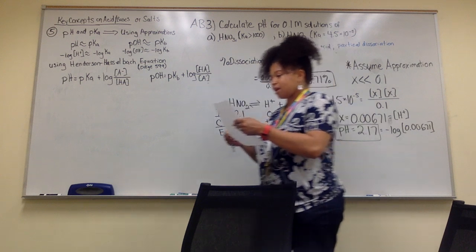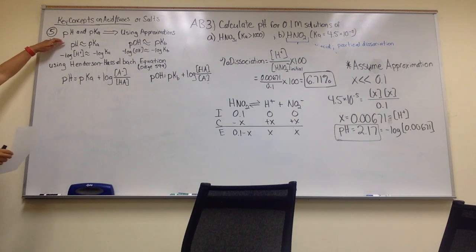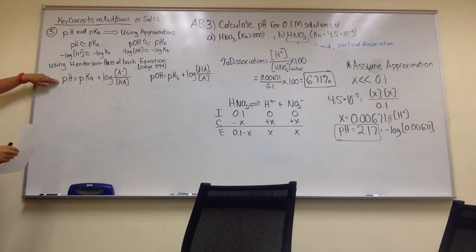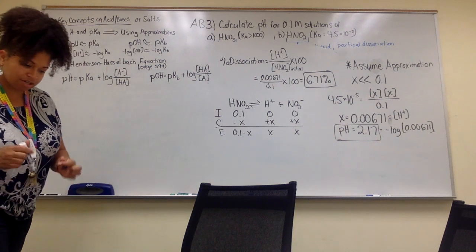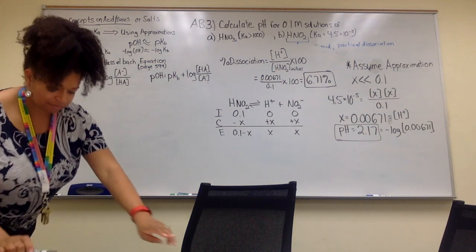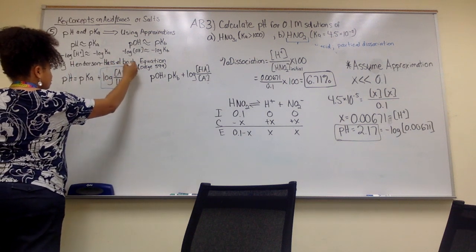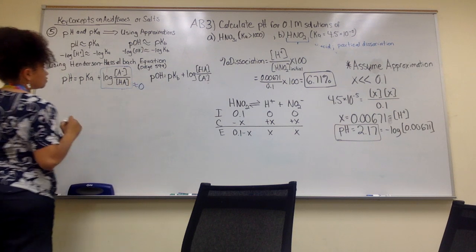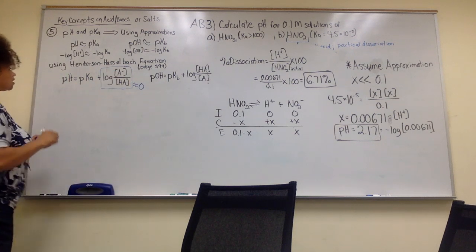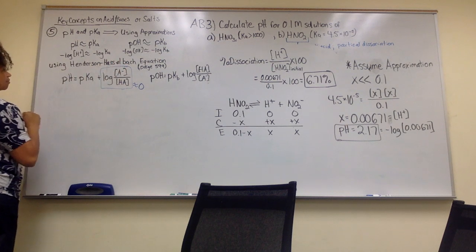Now, what else are we going to say? Well, first of all, we said that pH is almost equal to pKa. So if this is true, then it must mean that this term must be almost equal to 0. Because if this is equal to 0, all we would have left is that pH is equal to pKa.